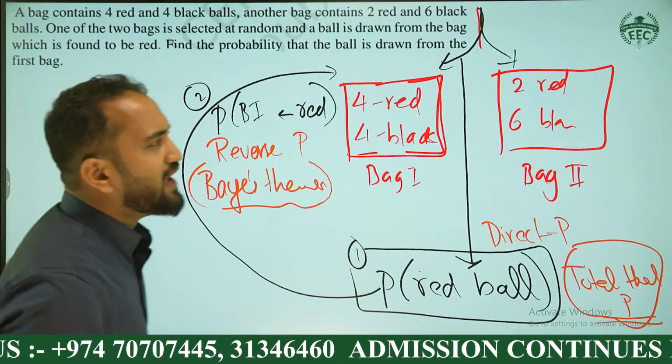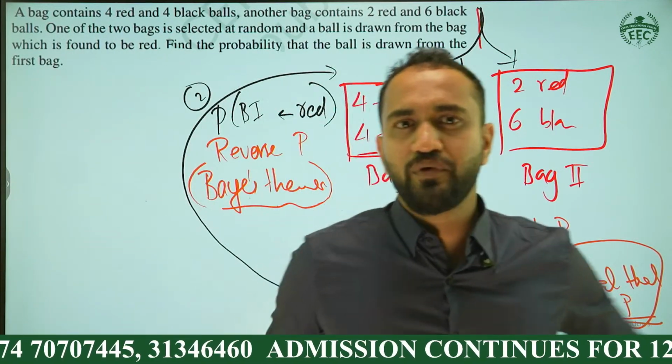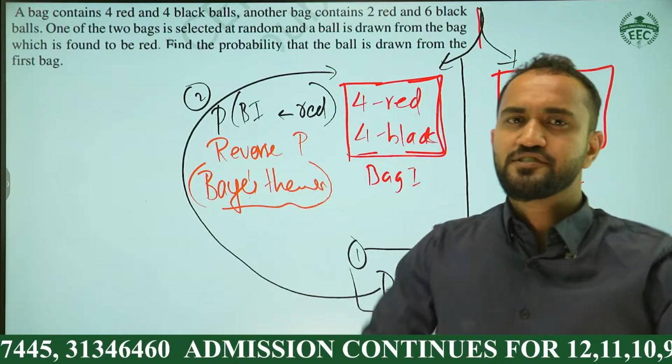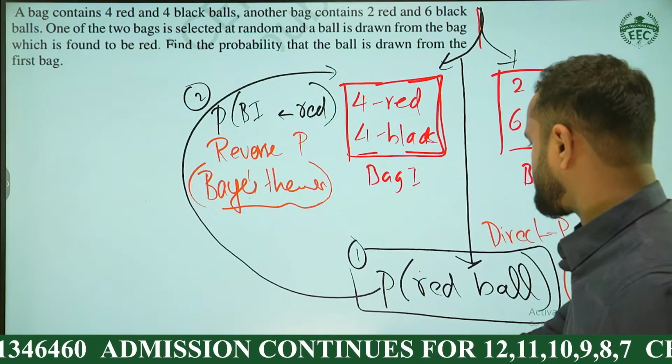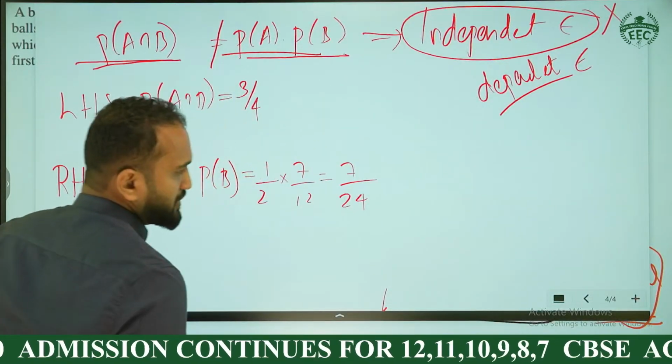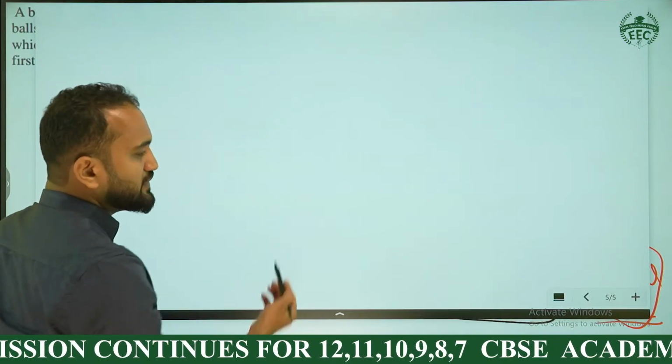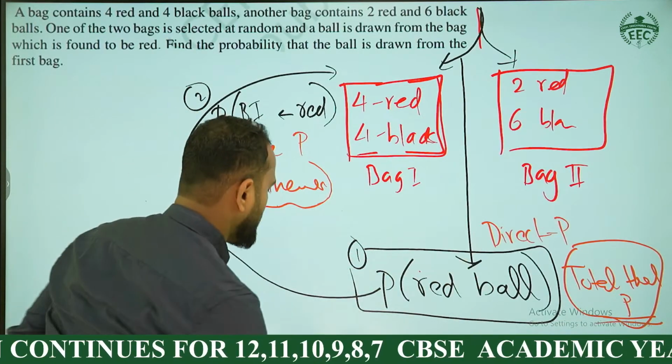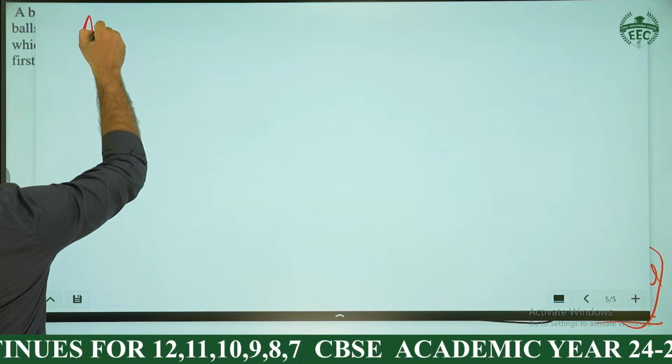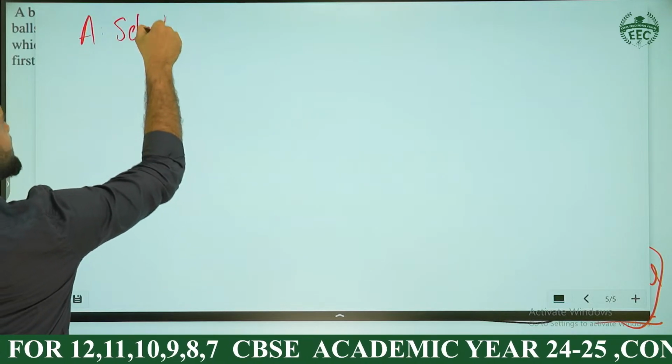Now, how to find the answer for this question? Please be 100% mindful over here. Listen. What is the question here, or what are they selecting here? They are selecting a red ball. So the first thing is event A: define the event, selection of a red ball.